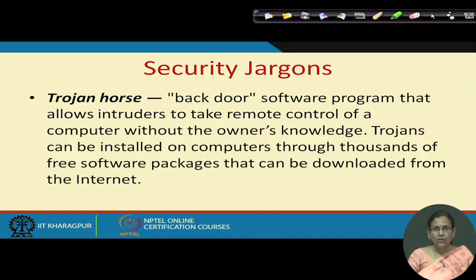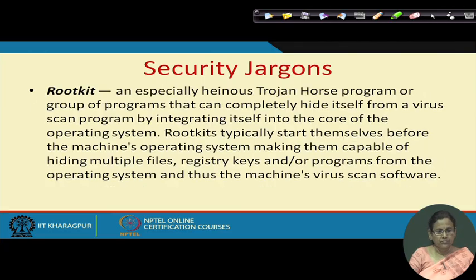So, the computer system has to be prepared so that it does not allow outside software packages to get installed into itself. Then rootkit. It is an especially heinous Trojan horse program, or a group of programs, that can completely hide itself from virus scan programs by integrating itself into the core of the operating system.